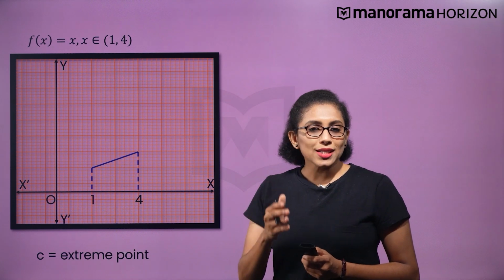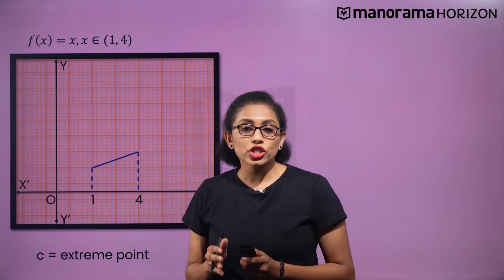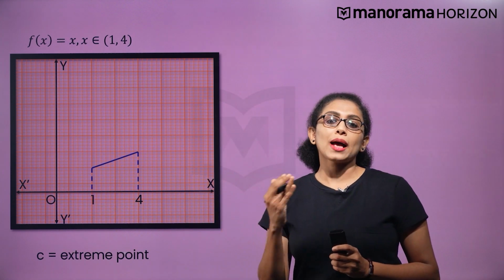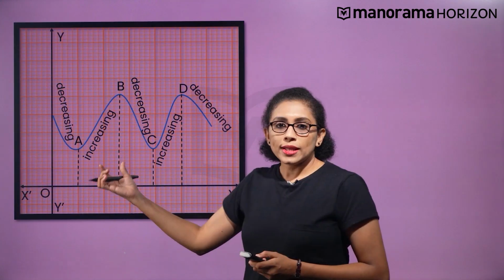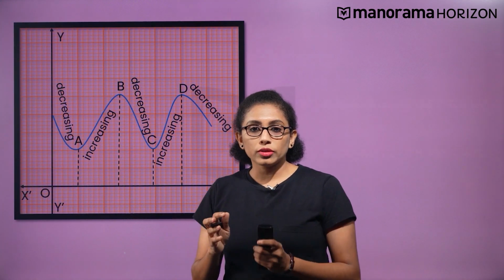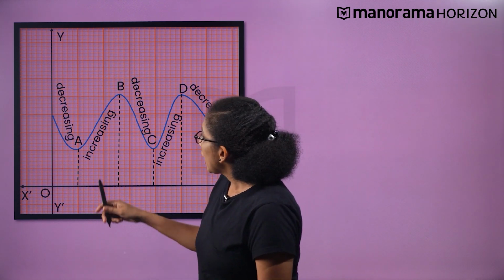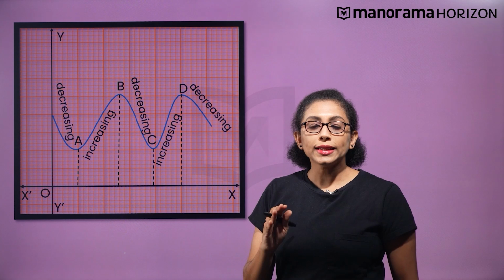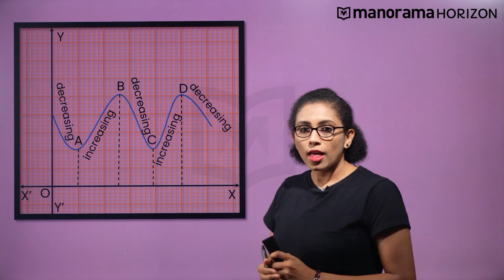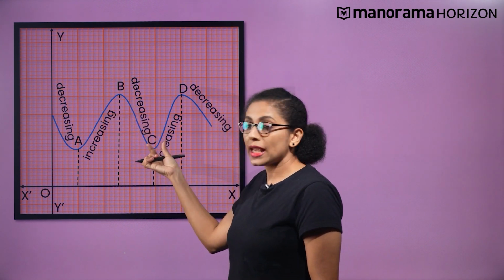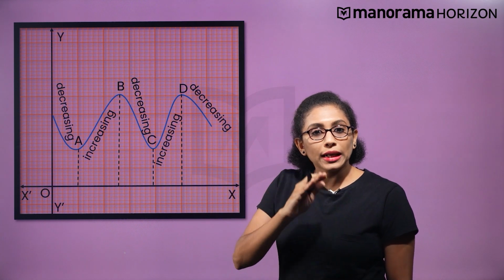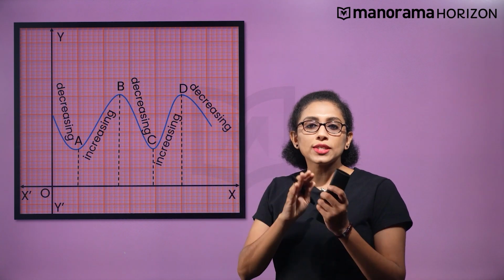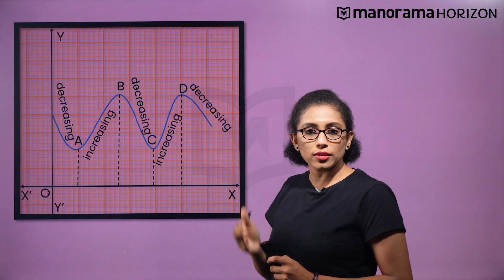Now, let us discuss continuous functions with multiple maxima and minima. As you can see from the graph, the points A, B, C and D are called the turning points because the function changes its nature from decreasing to increasing and vice versa at these points.